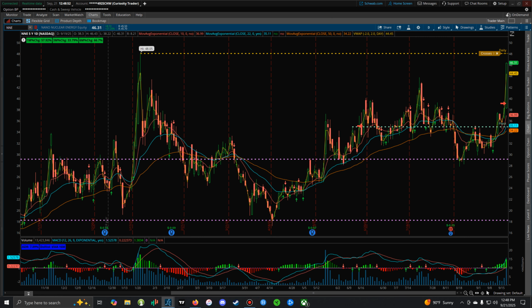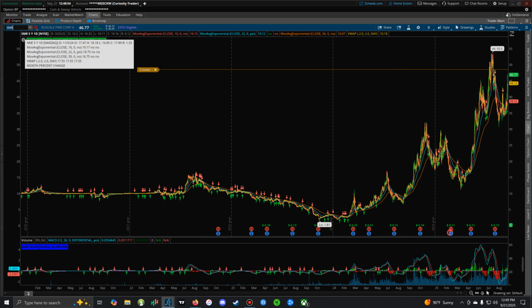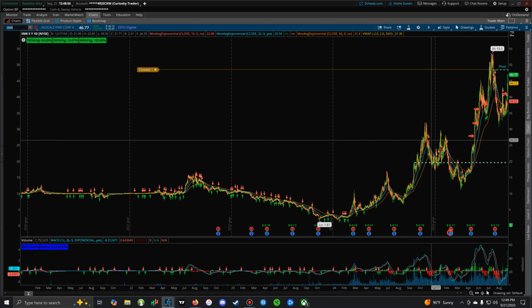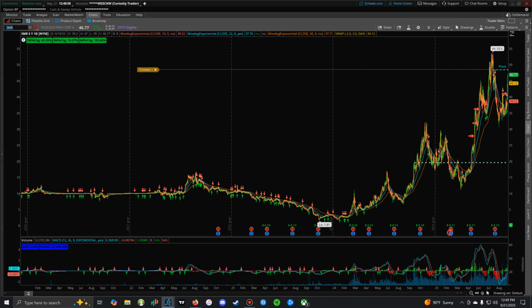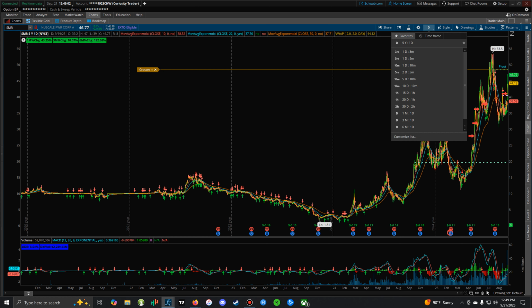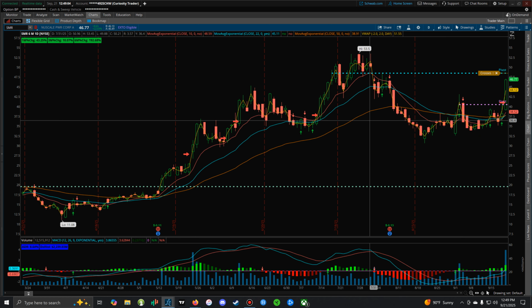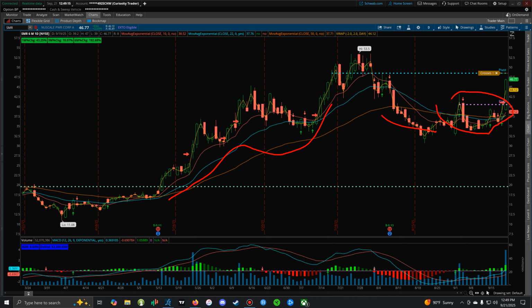Even SMR, same type of deal. Nuclear, it's a theme play. Look at this. This is what you want to see. Okay, big move. As I always say, a stock that makes a big move, pulls back, bases and range breaks, that's a 5-star setup.